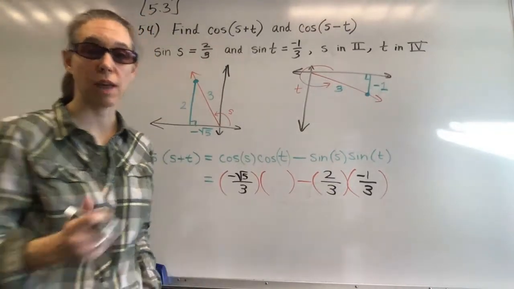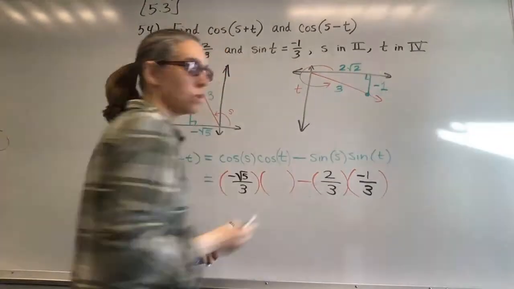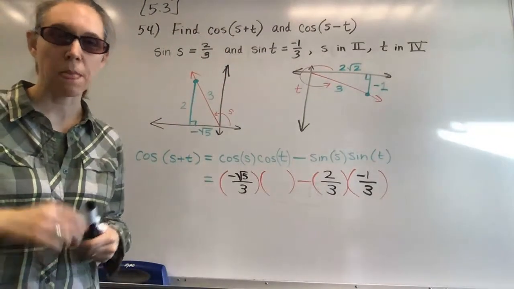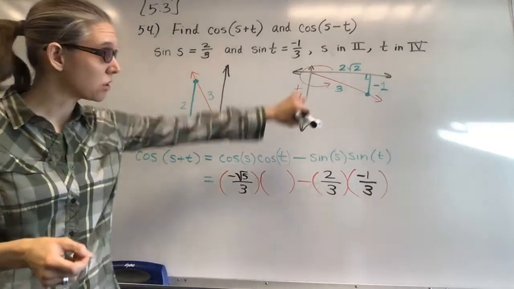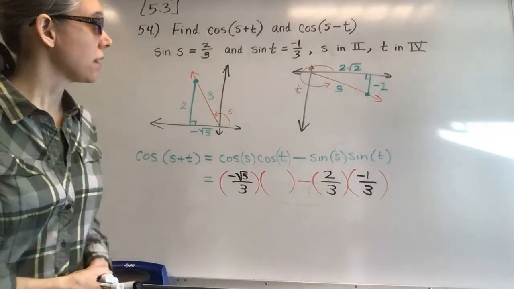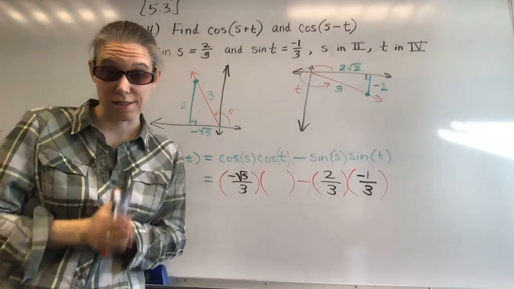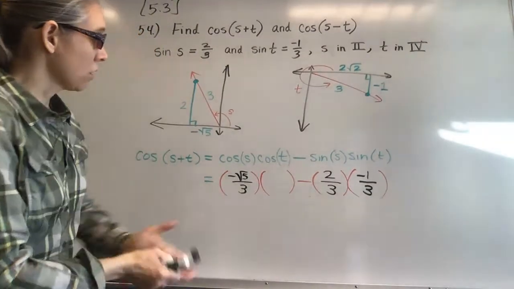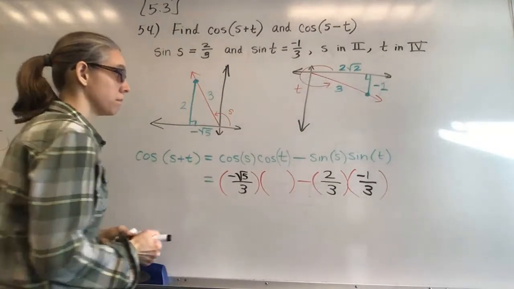All right, square root of 8 is the same thing as 2 root 2. Use Pythagorean theorem to find your unknown side. Simplify the radical as much as possible. I simplified the square root of 8 into 2 root 2, and then label it appropriately, positive or negative, based off the quadrant it's in. Now, the cosine of T is then 2 root 2 over 3.